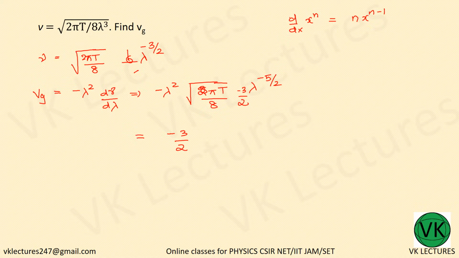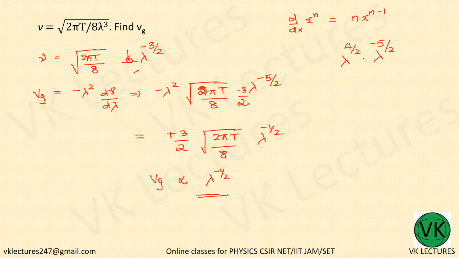With this minus I will write plus, under root 2 pi T by 8, into lambda power 4 by 2 into lambda power minus 5 by 2. Now 4 minus 5, that is minus 1, so that is lambda power minus 1 by 2. So Vg is proportional to lambda power minus 1 by 2.